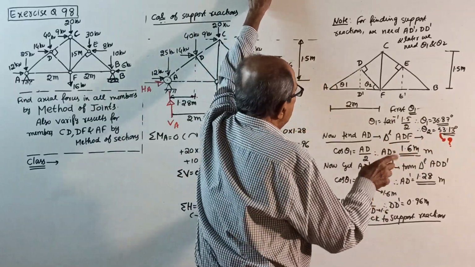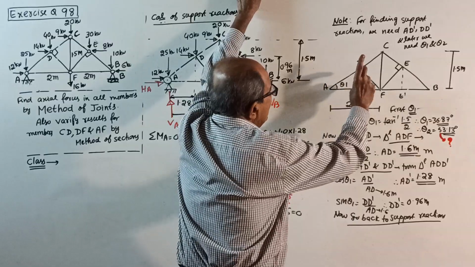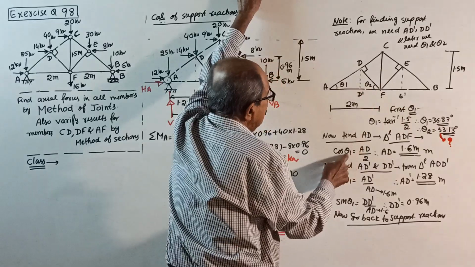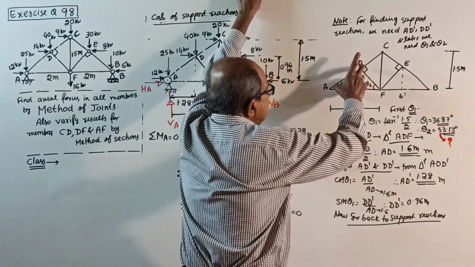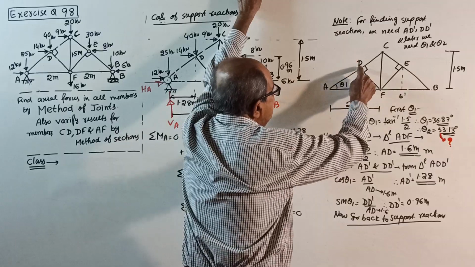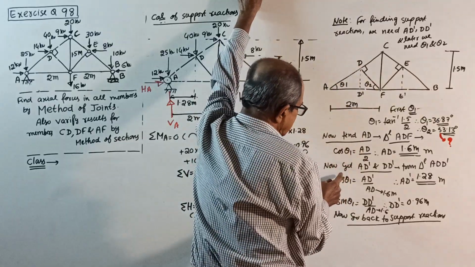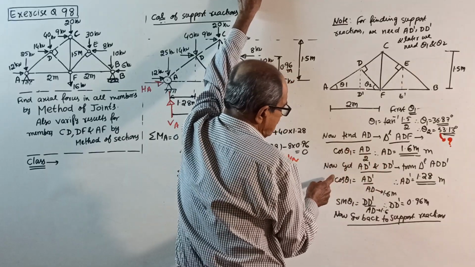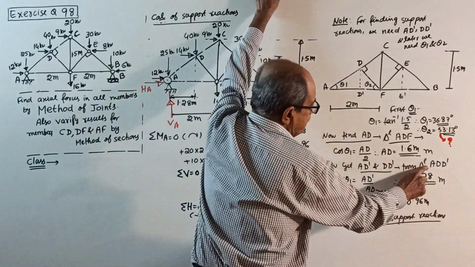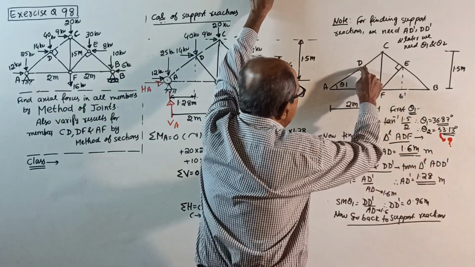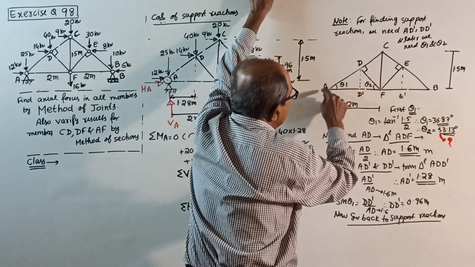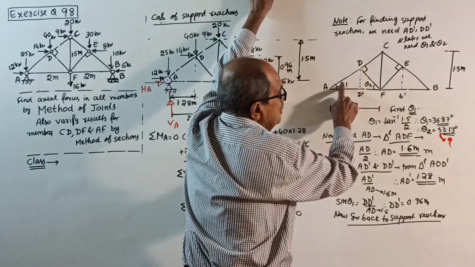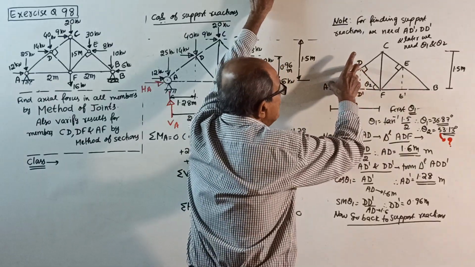Okay, then. Now, how to get AD dash and DD dash? Once you get the value of theta 1, consider the triangle ADD dash. From this right angle triangle ADD dash, you can find AD dash and DD dash because theta 1 is known, provided you know the length of AD.